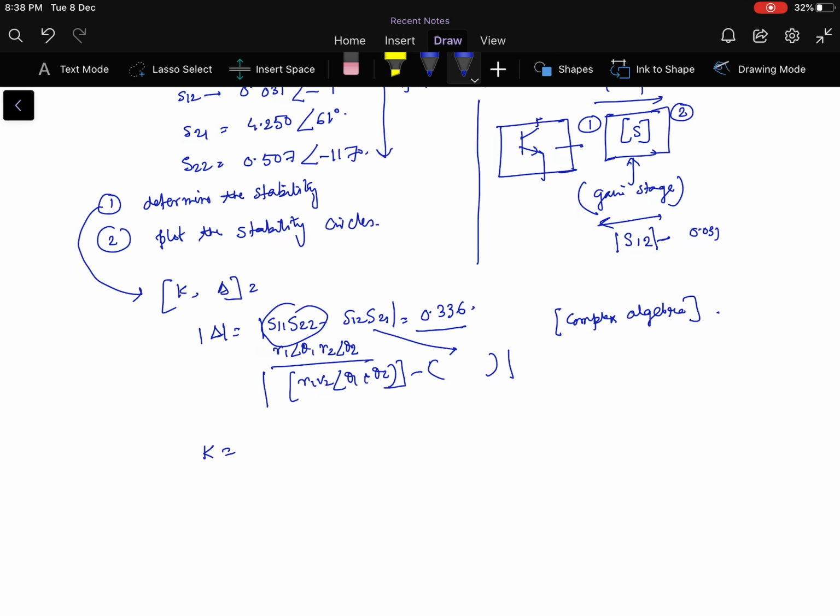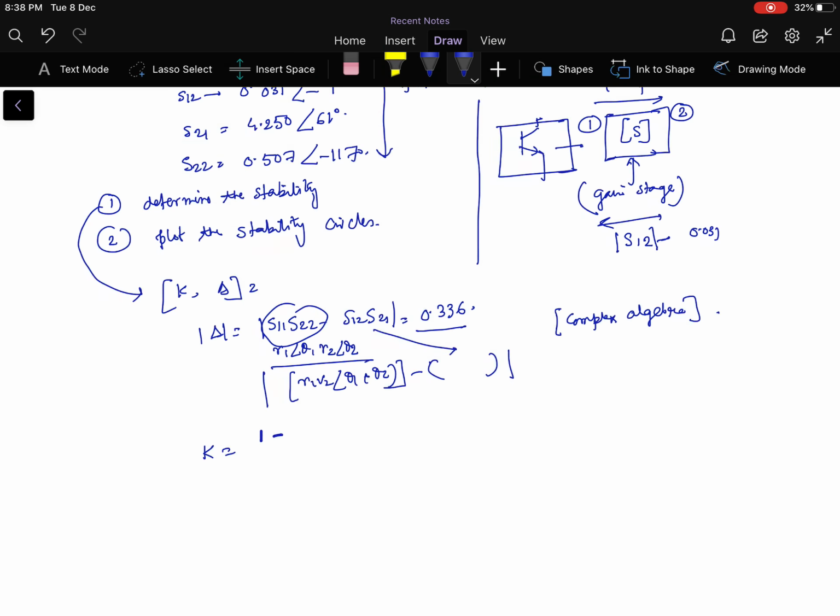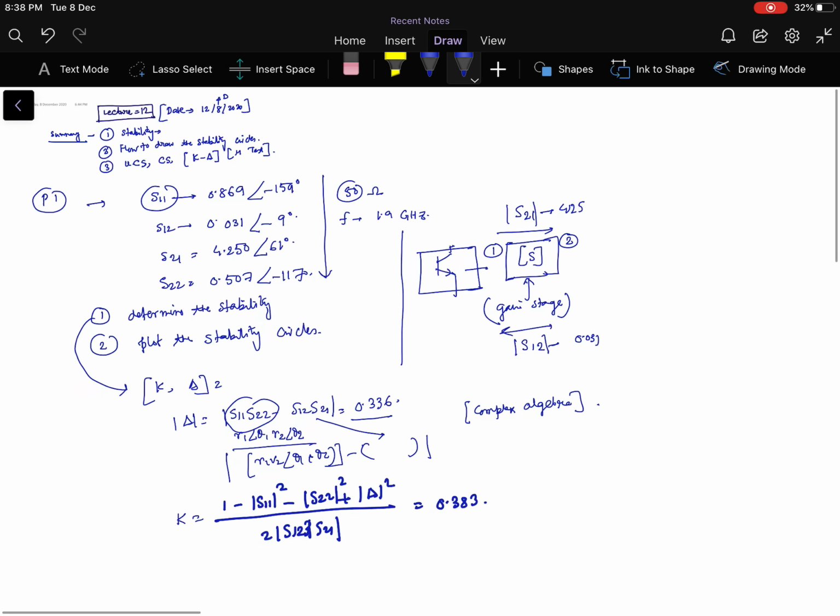Now the value of k: it is 1 minus mod of S11 square minus mod of S22 square plus mod of delta square, divided by 2 of S12 S21. This value comes to 0.383.